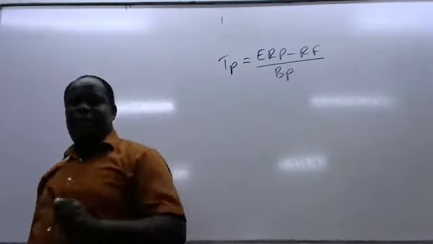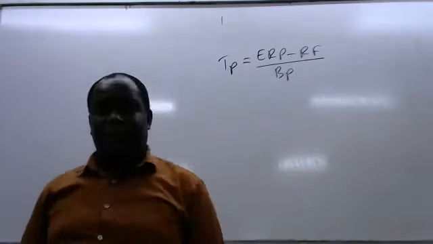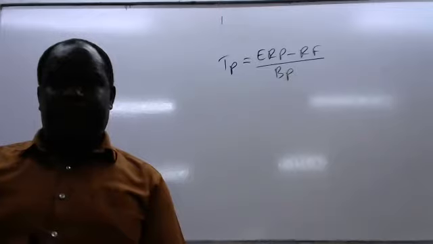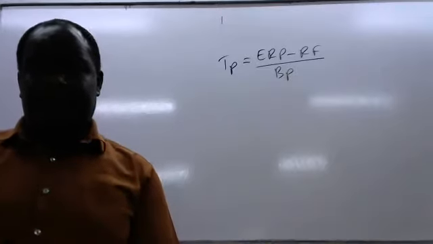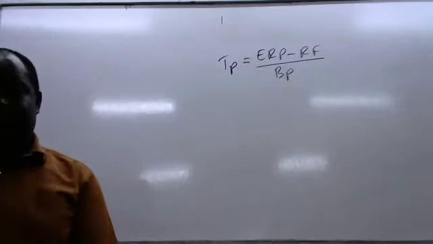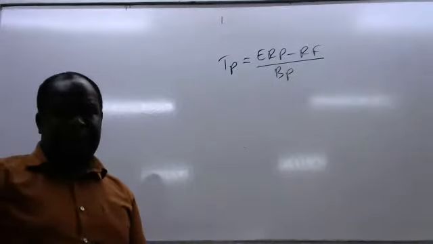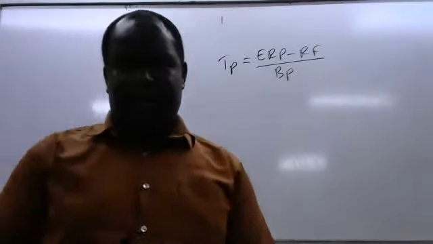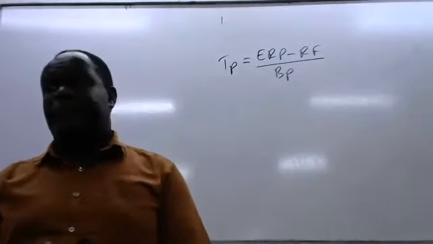So when you want to get the Treynor of the portfolio, we simply take expected return of the portfolio minus the risk-free rate, and divide by the beta factor of the portfolio.